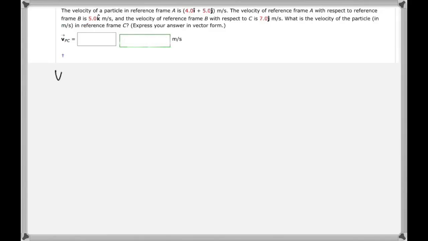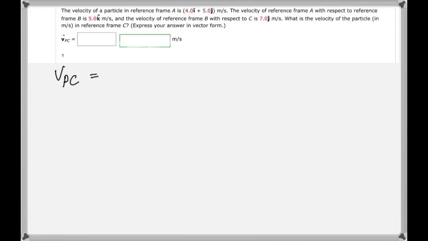In this question, you have the velocity of a particle in a reference frame A, and the velocity of the reference frame A with respect to another frame B is given, and then again the velocity of reference frame B with respect to C is given, and you're asked to find the velocity of the particle in the reference frame C. So it looks like a very confusing problem, but it's actually easy.